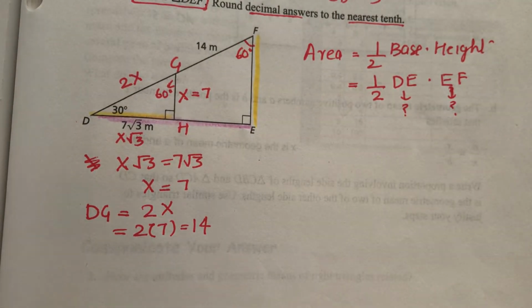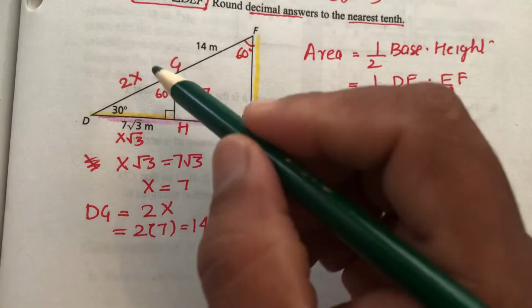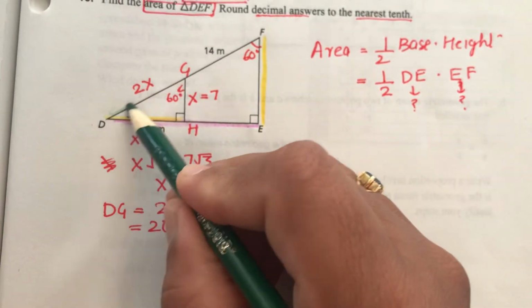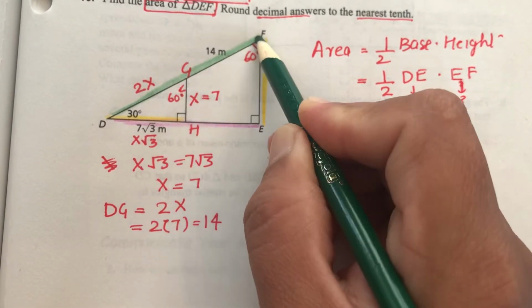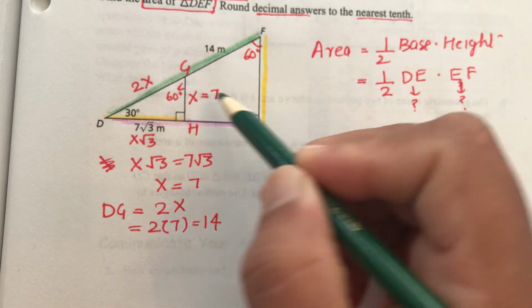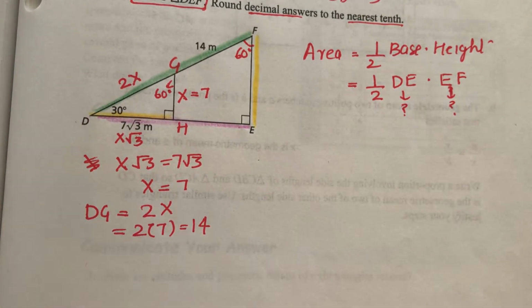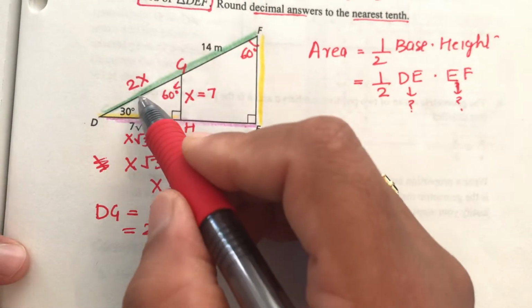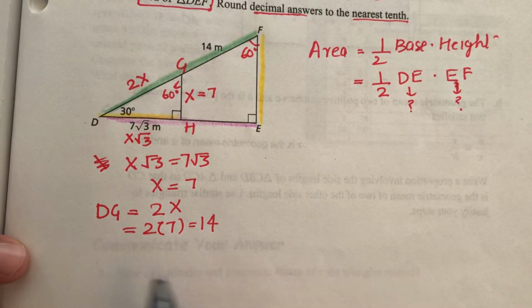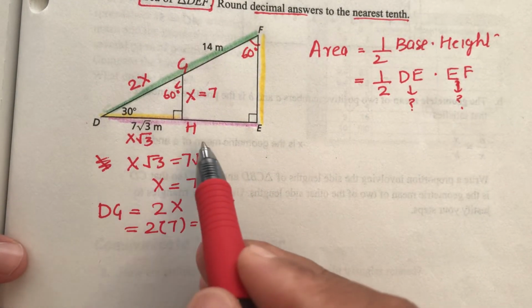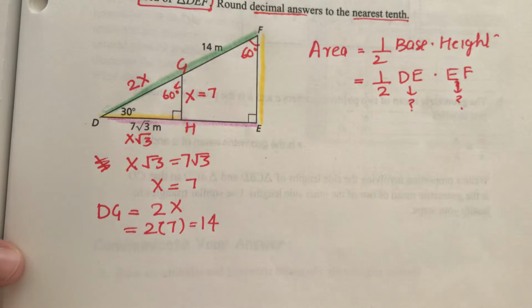So now I have what? If I ignore this midline, I see this bigger triangle. This is the hypotenuse, this is the shorter leg, and this is the longer leg. I have my hypotenuse here, that's 2x, but do I need that? No, I don't need it.